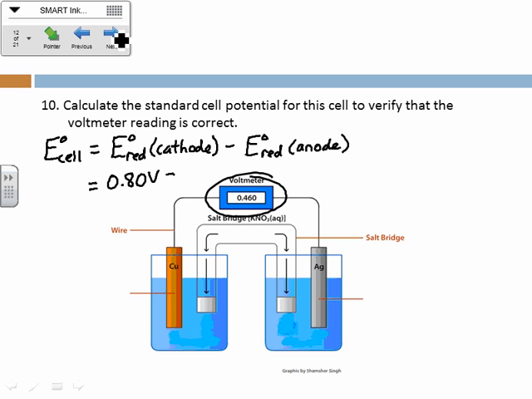And we subtract the reduction potential of the anode, which is copper 2 plus going to copper, so that's going to be 0.34. When we subtract those two from one another, we should end up getting, let's see if I can do this in my head, 0.46 volts. Obviously it's right on the voltmeter, I could have just looked at that. So 0.46 volts is going to be the correct reading. So the voltmeter is correct.